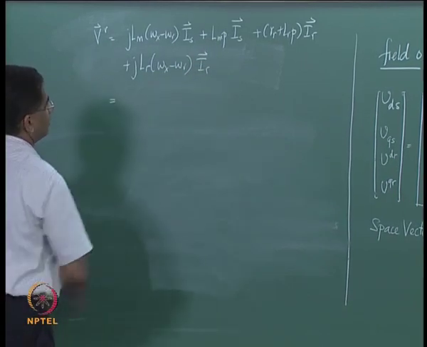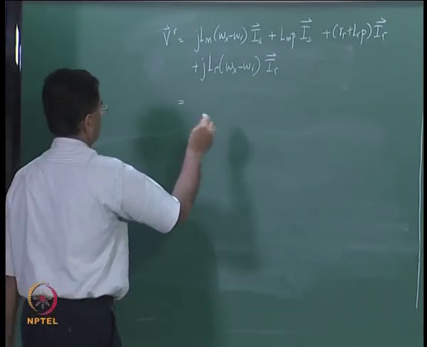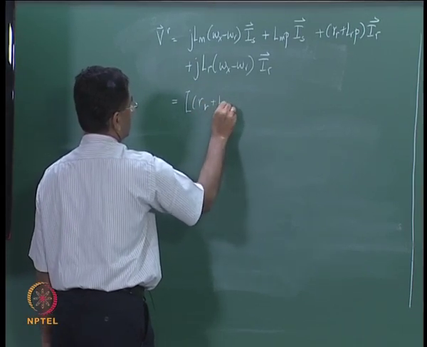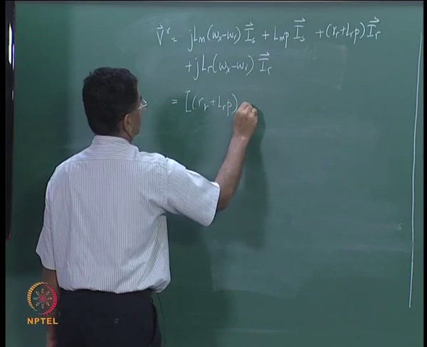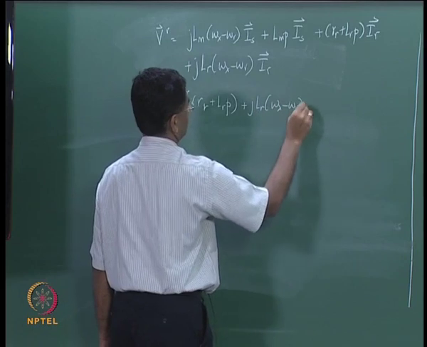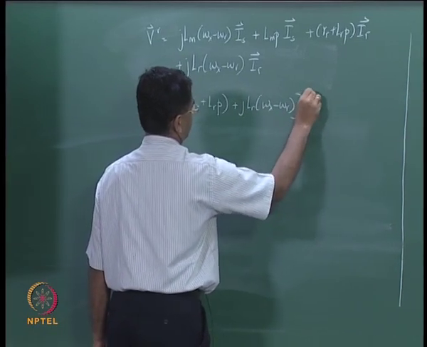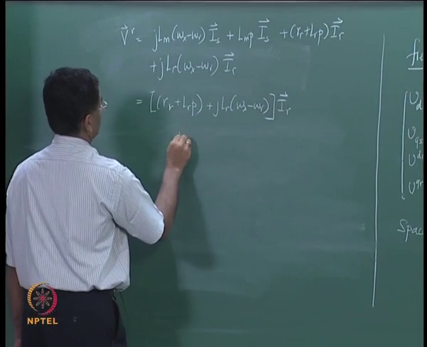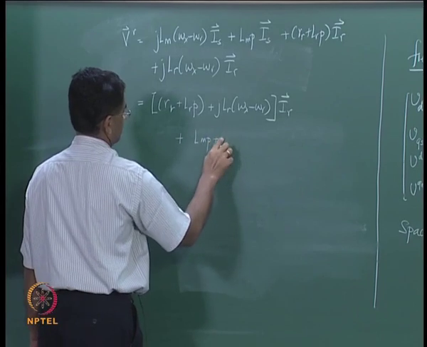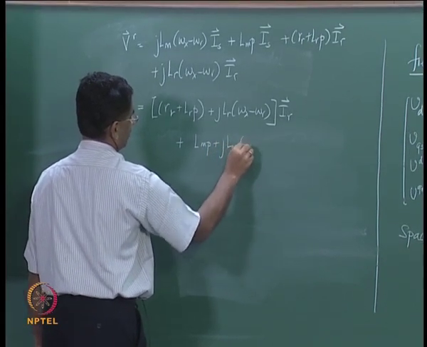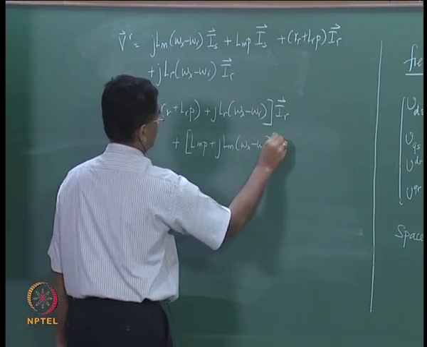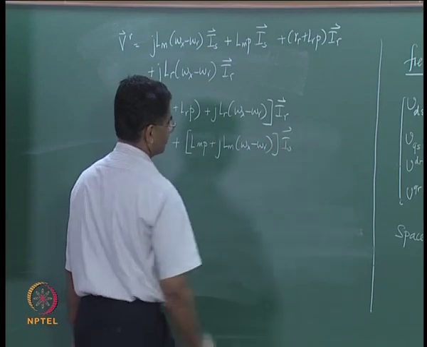This can then be combined into two terms, that is Rr plus Lr into P plus J times Lr into omega x minus omega r multiplied by the rotor current space phasor, and then you have Lmp plus J times Lm into omega x minus omega r multiplied by the stator current space phasor.